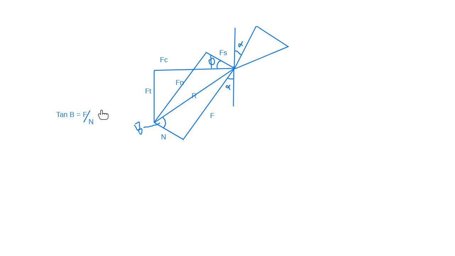Equal to mu. Mu is the coefficient of friction. So mu equals F divided by N, or tan beta.